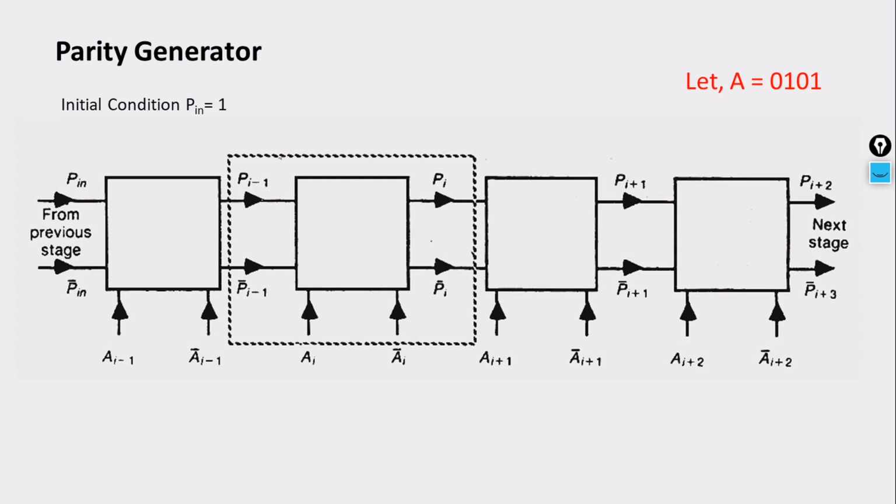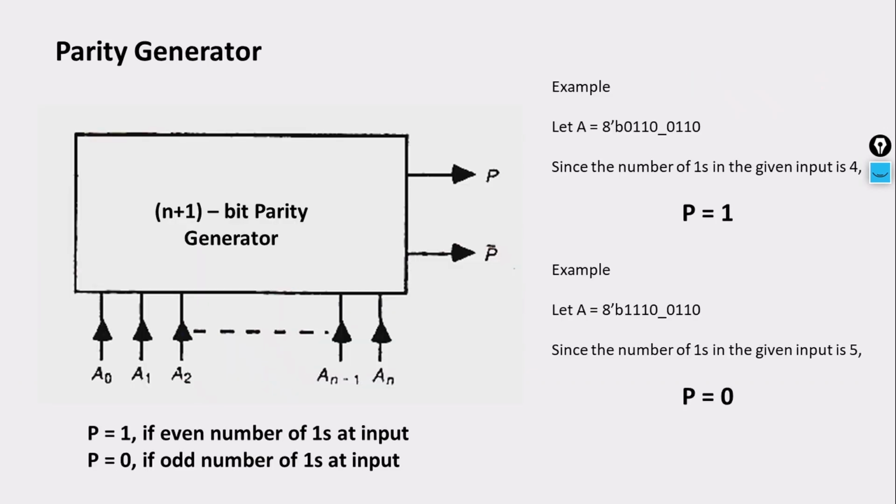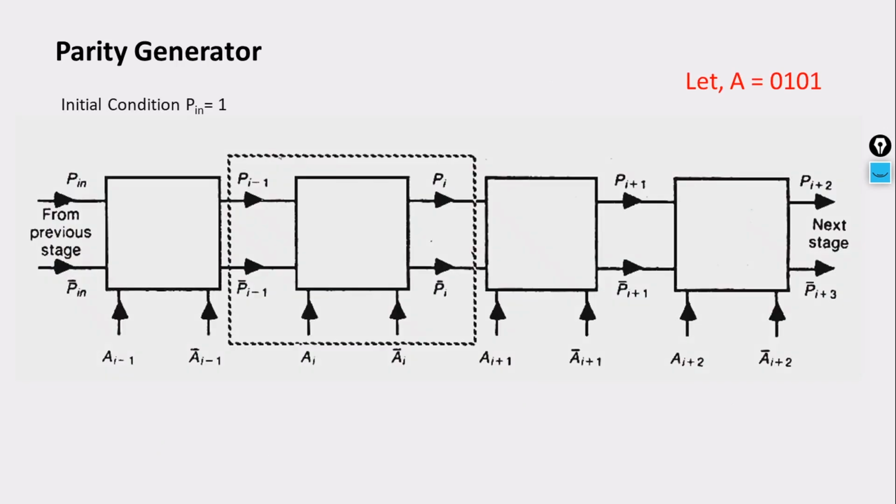As we said, for an n-bit input, the parity generator we have designed is going to be an n plus 1 bit parity generator, so one block extra we have. Why we use that extra block, let us have a look. I have cascaded different parity bit generators.